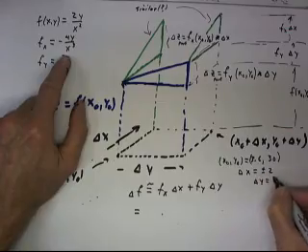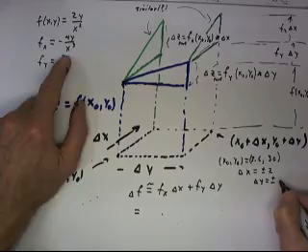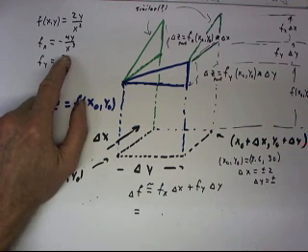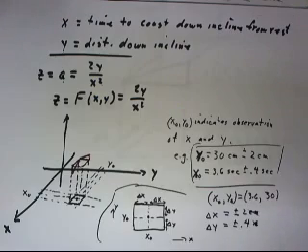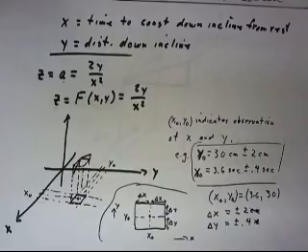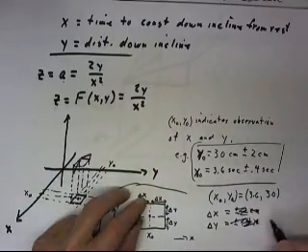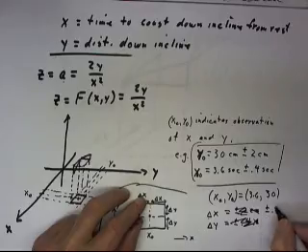Delta y is plus or minus, and delta x is not plus or minus 2. Phooey. I've been mixing up my x's and y's, and this is all messed up. My delta x is plus or minus 0.4.